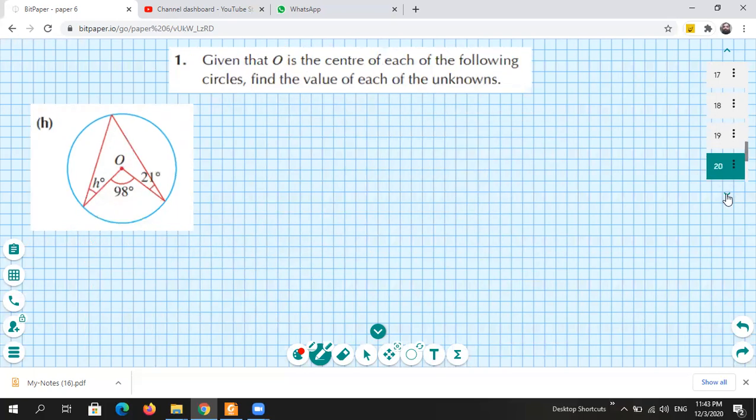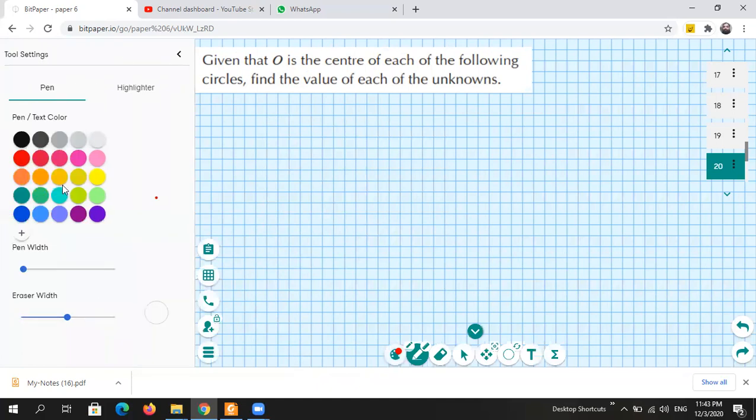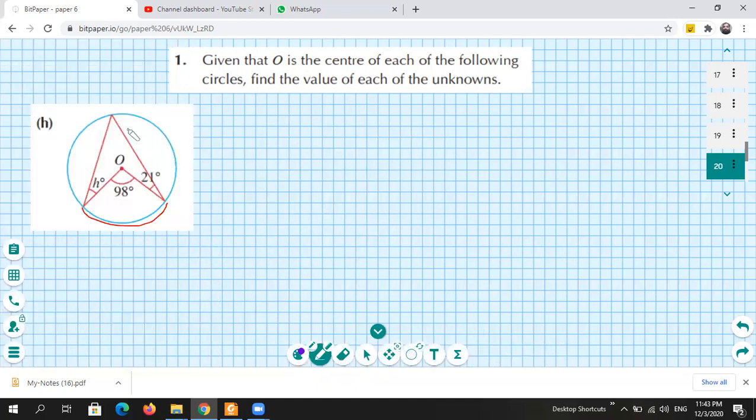Now part H. In part H, the angle subtended by this arc is 98 degrees. And we're making some modification in this figure, drawing a line from this point to the center.